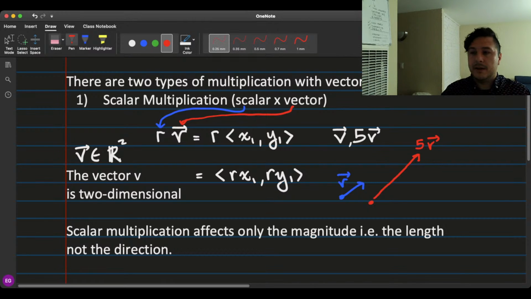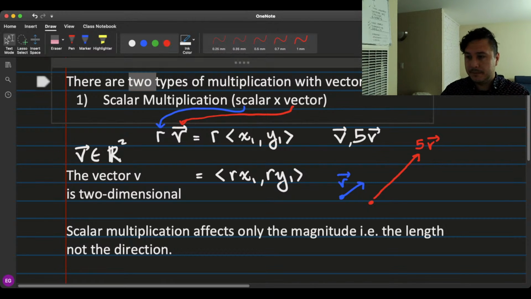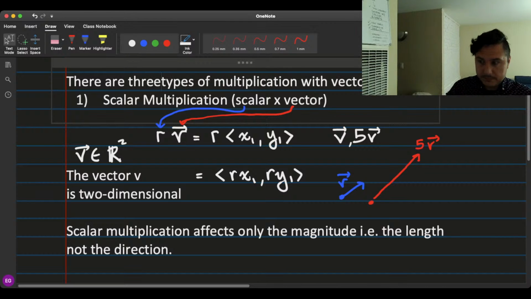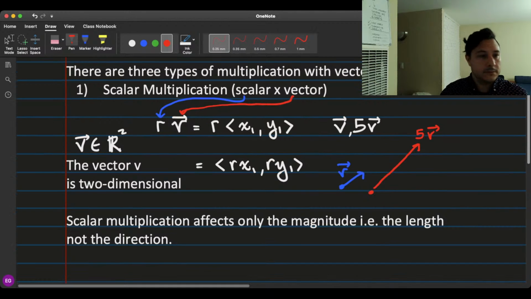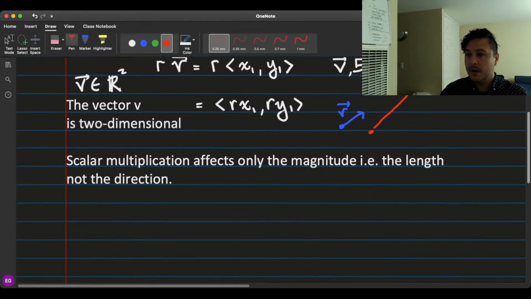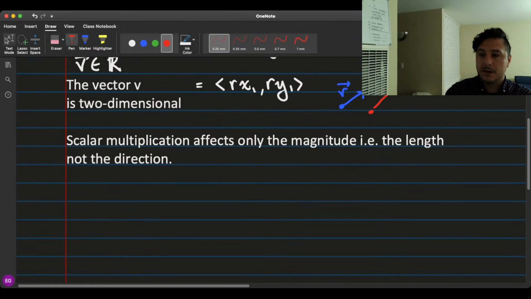And actually, my bad, there are 3 types. So what are the other 2 types that we're going to learn about?